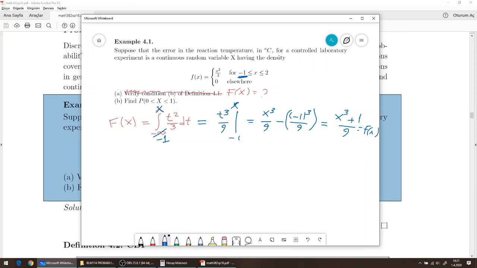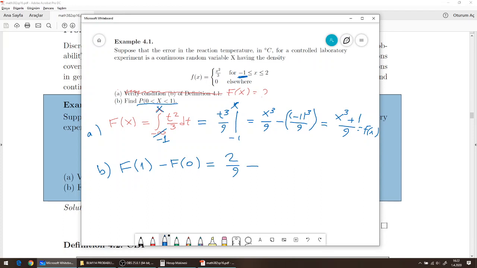This was part A of the question. Part B: find the probability that x is between 0 and 1, but use uppercase F of x. It is uppercase F of 1 minus uppercase F of 0. So put 1 for x: 1 cubed plus 1, that is 2 over 9, minus 0.